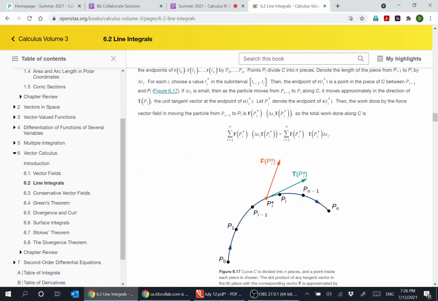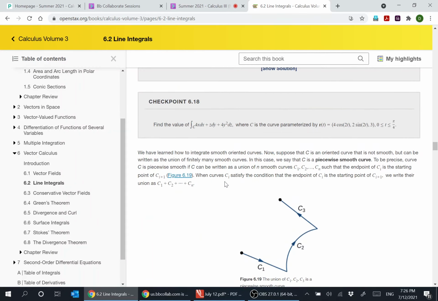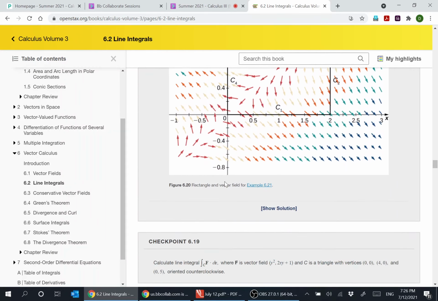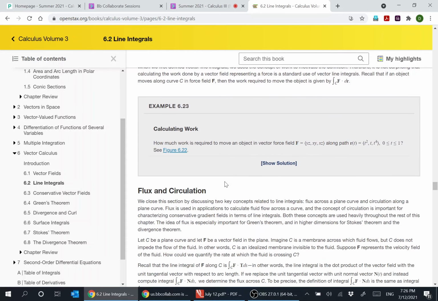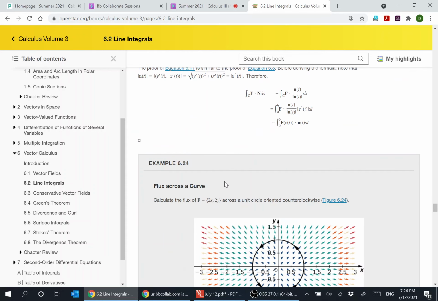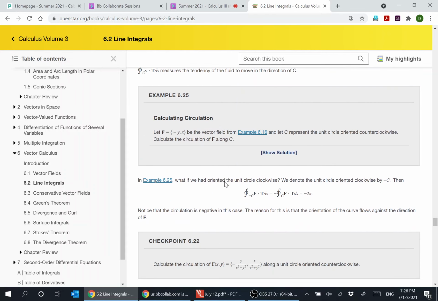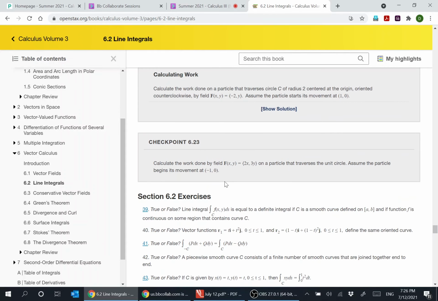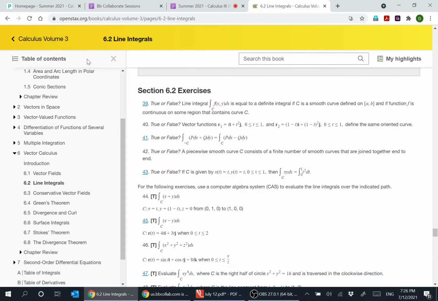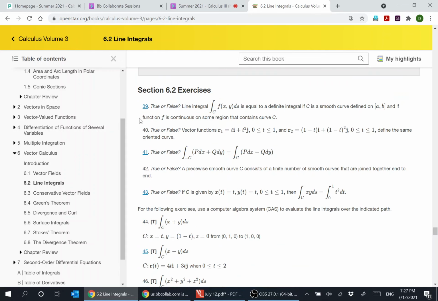Let's get to the problems here. There are other types of line integrals as well, but these are the two main ones. There's also that vector flux line integral, but we're not going to cover that. All right. So section 6.2, number 44.